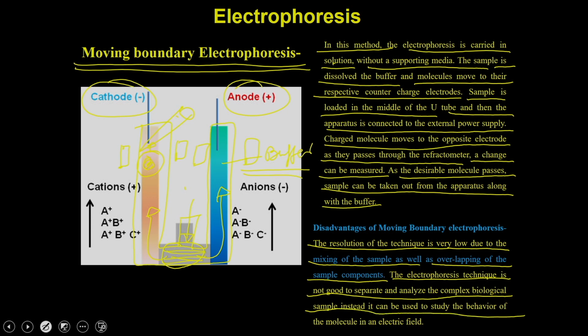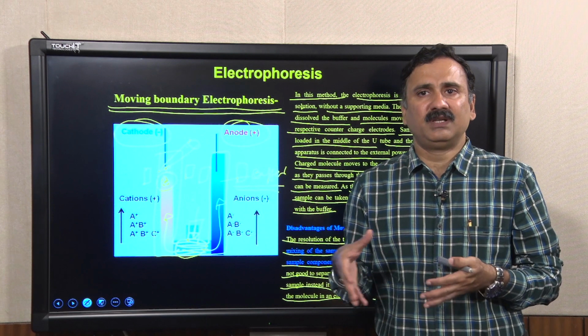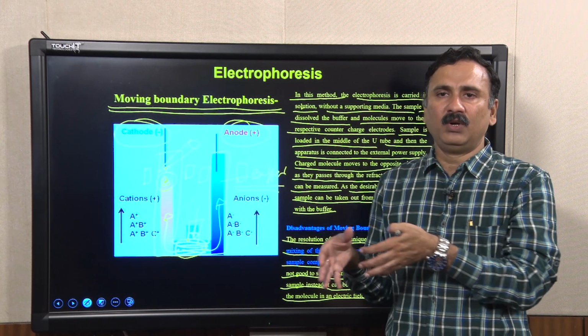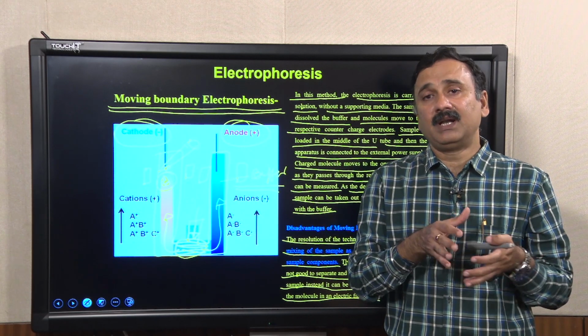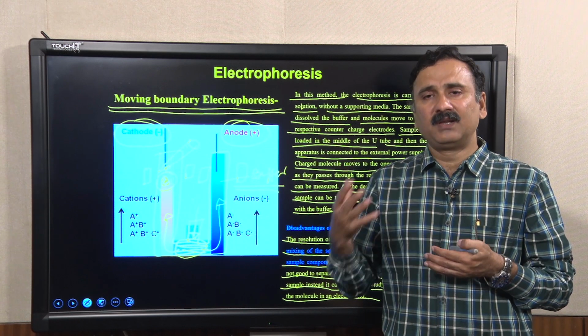Instead, it can be used to study the behavior of the molecule in an electric field, which means this apparatus was good enough to say whether the molecule will move towards the cathode or towards the anode, but it was never good enough to separate the complex biological mixture.